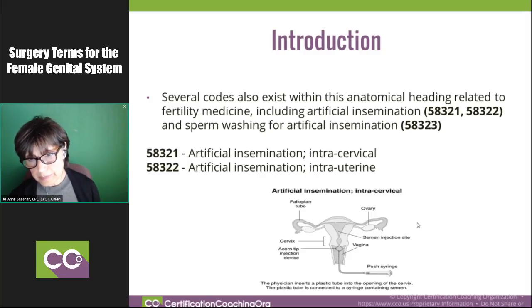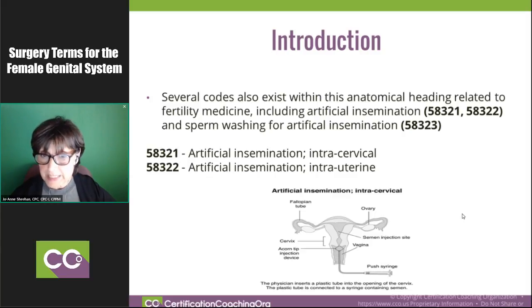And here is a picture of the intracervical: the fallopian tubes, the ovary. We see the cervix, the vagina, the acorn tip injection. So here's the push syringe going through the vagina, and the semen injection site is right here.